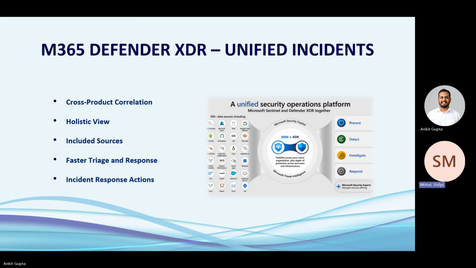A significant advantage of Microsoft's XDR approach is how it unifies related alerts into a single incident. In the past, a phishing email and the resulting malware infection might appear in different consoles, leaving analysts to connect the dots manually. With Microsoft 365 Defender, that correlation happens automatically.